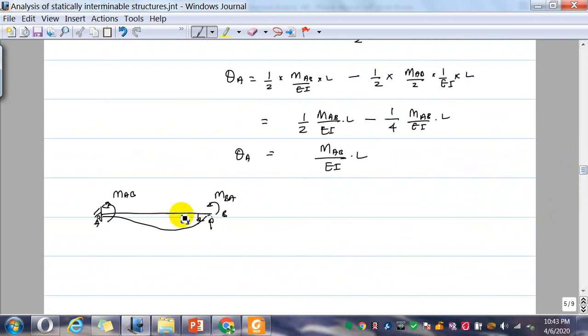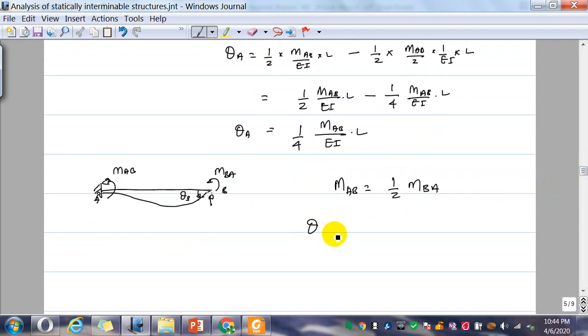Okay, so if you do the other way, like keep A fixed and rotate B, then you will again get something like MAB is equal to half MBA. Then here this is 1/4, right?